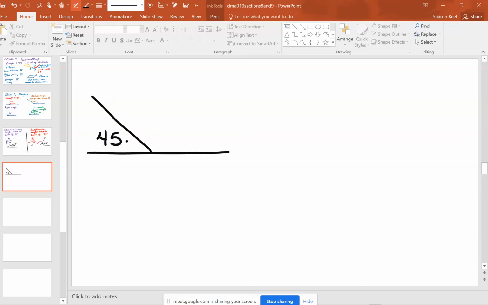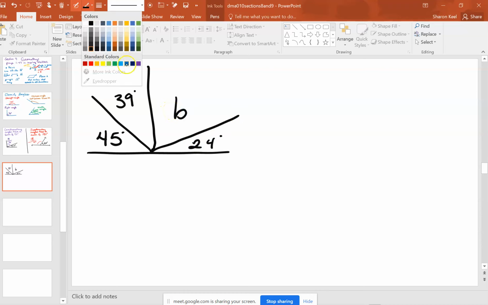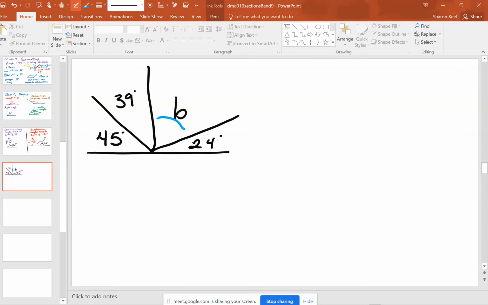We've got a 45 degree, a 39 degree, a 24 degree, and one that's just labeled B. If I'm trying to find the measurement of B, we know a straight line is 180 degrees. When it's straight, it's 180.